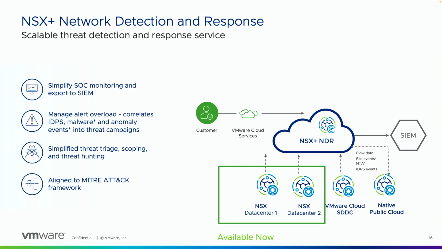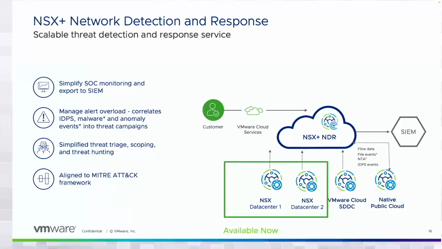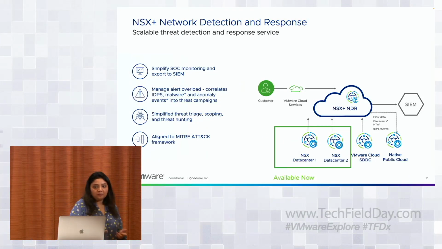And so what this means is the user can basically log into VMware Cloud Services, subscribe to the NSX Plus NDR service, and start getting meaningful campaigns which the security operations teams can use to figure out what is going on in the network. This will work across multiple sites as well, which is pretty cool.